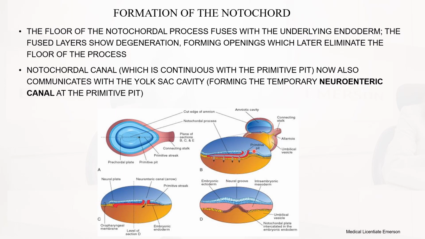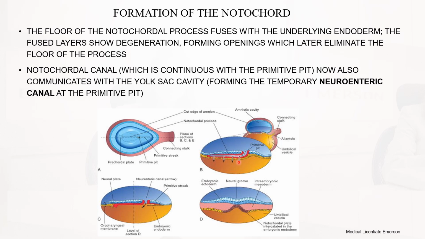Remember, we said the primitive pit was actually continuing to elongate, and it formed the notochordal canal. Remember, that's what we were talking about. Then the floor of the notochordal process is going to start fusing.